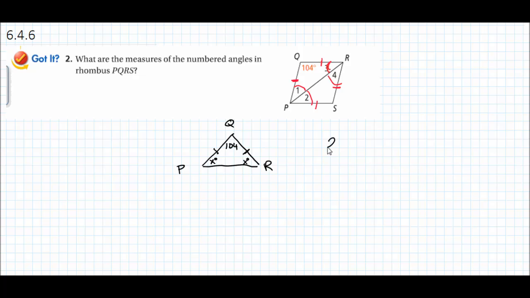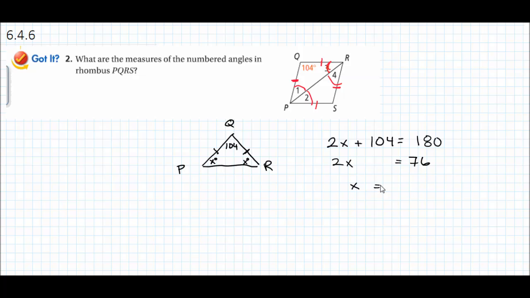So we can say 2x plus 104 equals 180. We know that because the sum of the three angles, which would be 104, x, and x, has to equal 180. So we subtract 104 on each side, so 2x equals, I don't know why I put 108 there, 180 minus 104, 76, so 2x equals 76.